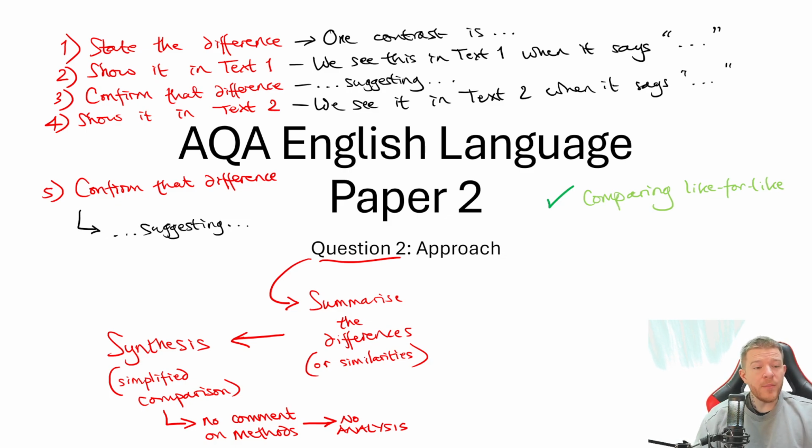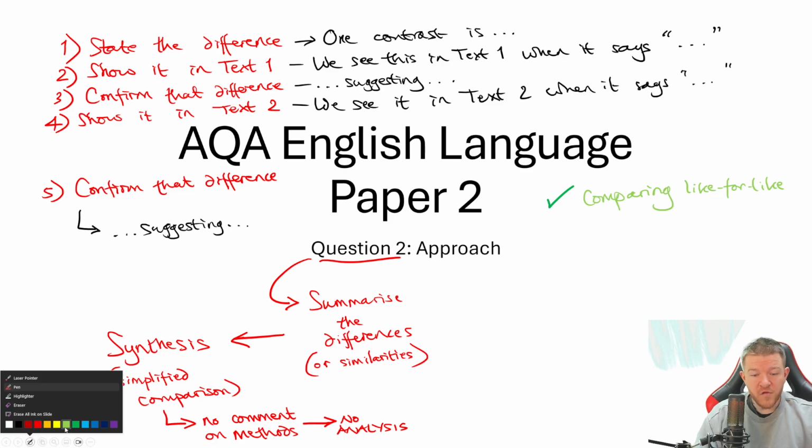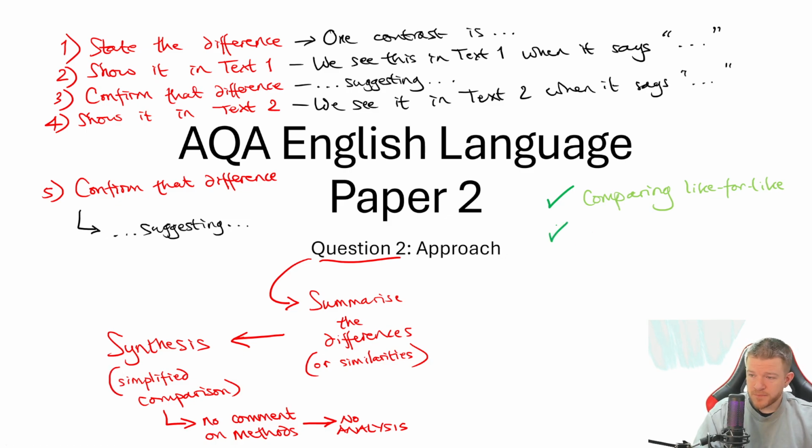They're not comparing the same thing. In the first one they're talking about color, and in the second one they're talking about size. So you would need to say, the train in text 1 is purple, whereas the train in text 2 is yellow. Or the train in text 1 is quite short, whereas the train in text 2 is very long. So compare like for like. That's one thing that students frequently forget to do.